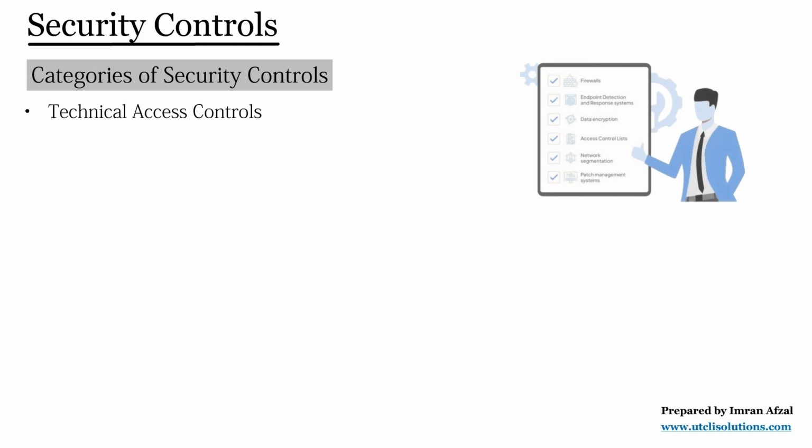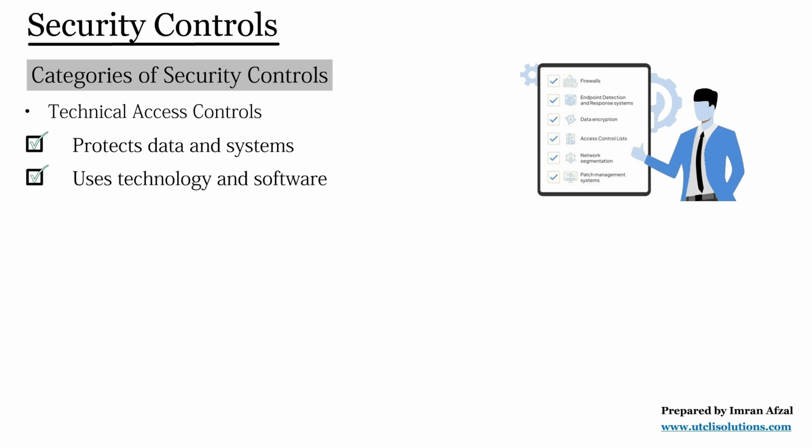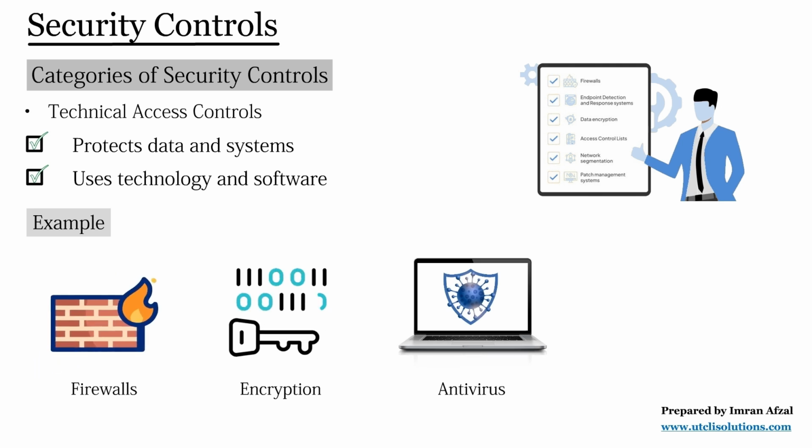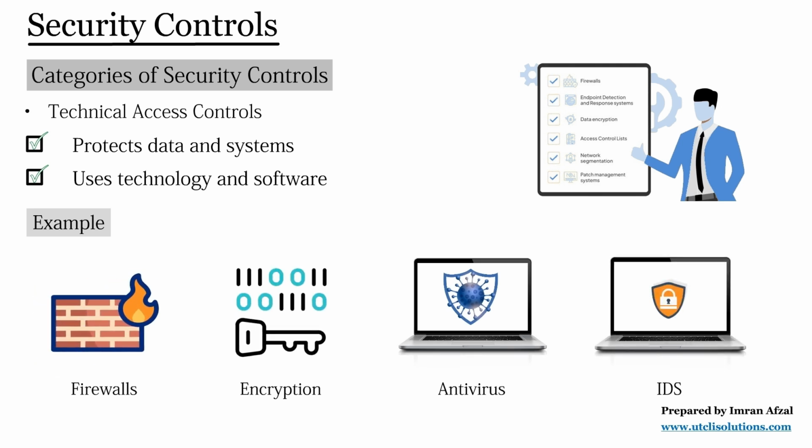Technical access control. Well, technical or logical access controls protect data and systems through technology and software solutions. Examples of technical access controls include firewalls, encryption, passwords, antivirus software, and intrusion detection systems. For instance, consider this scenario.